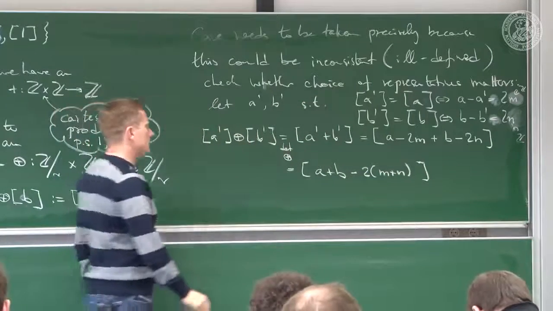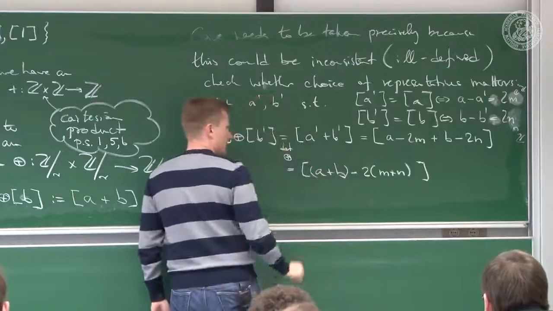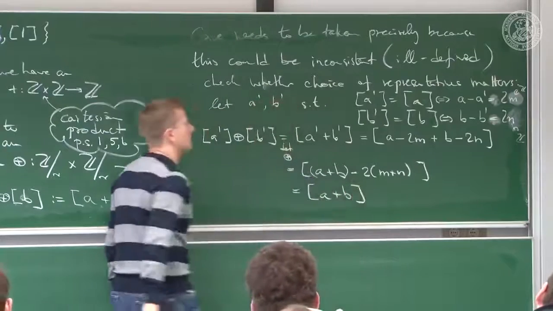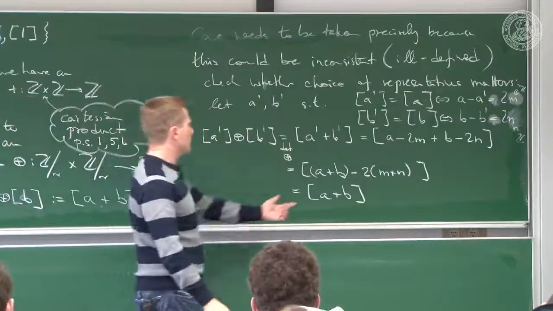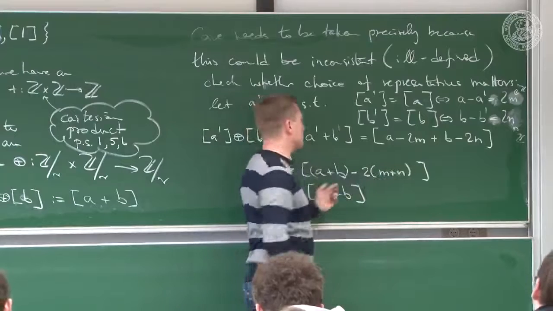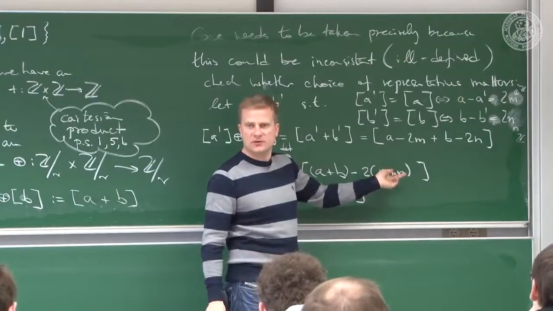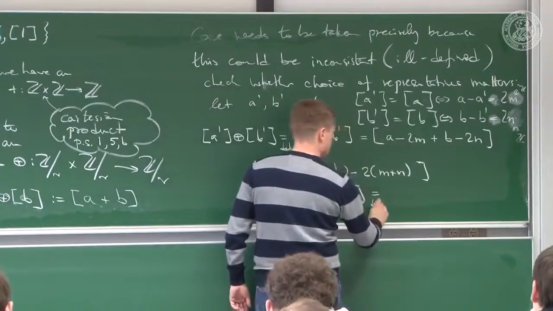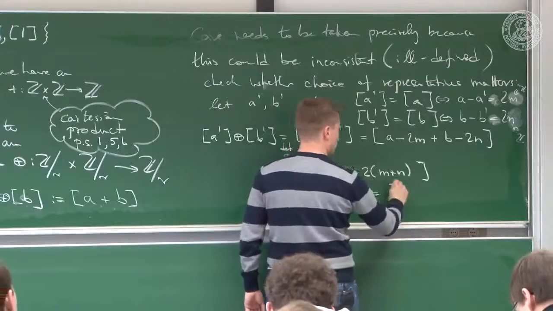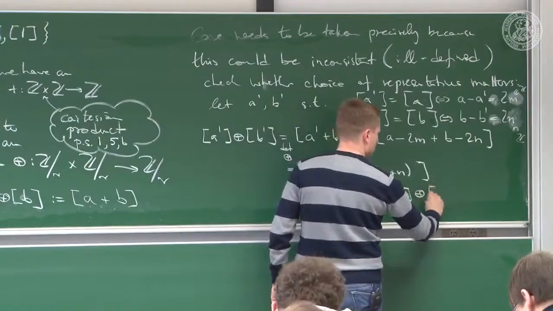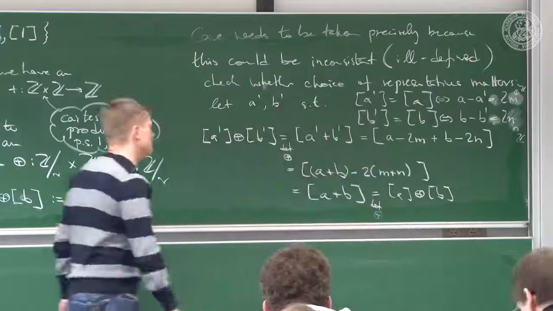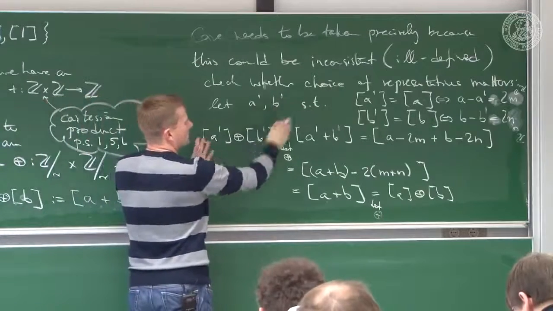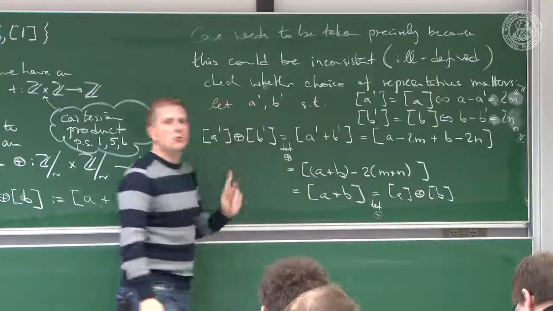Aha. But A plus B minus 2 times (m plus n) is certainly the same class as A plus B, because this and that only differ by an even integer. So by definition they are the same class. But this here I can again, using the definition of circ plus backwards, write as the sum of the class of A circ plus the class of B. And indeed, for arbitrary other representatives, I showed it's well defined.